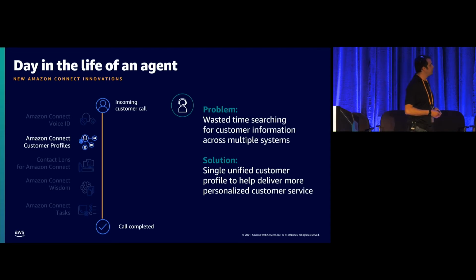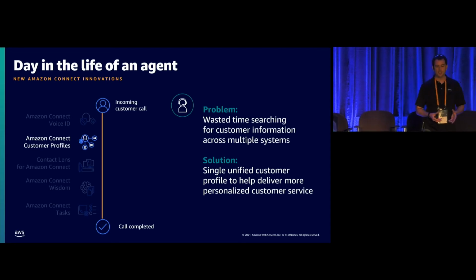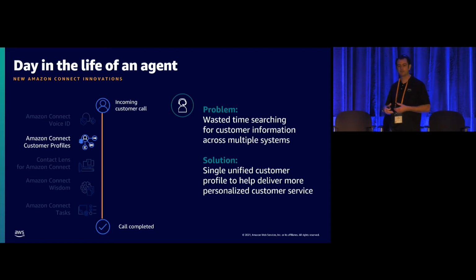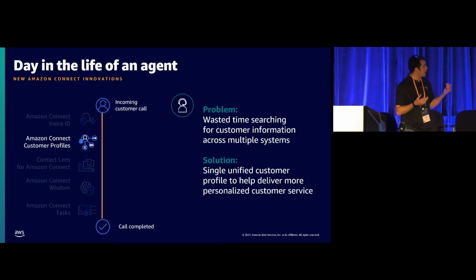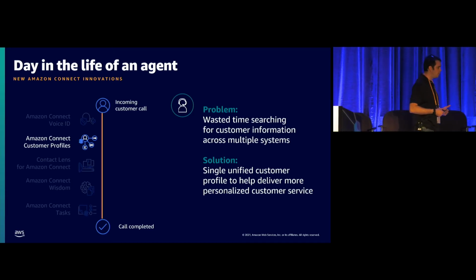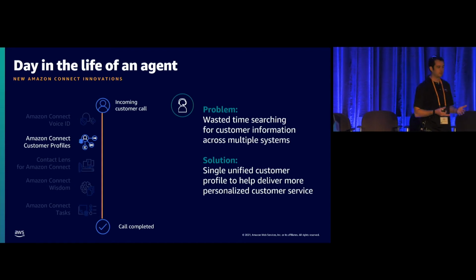Amazon Connect Customer Profiles brings in customer information from multiple applications into a single unified view of that caller. As our call's routing through, we can look up caller information from external sources.